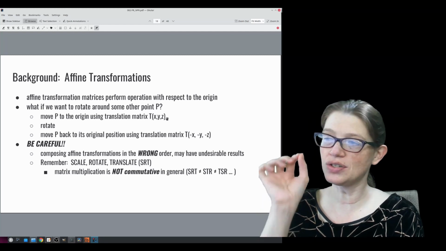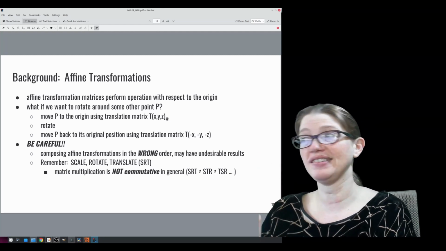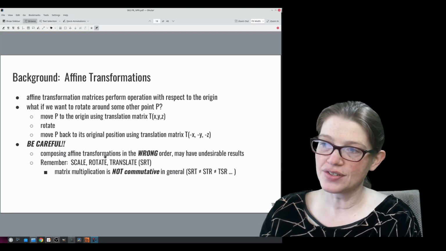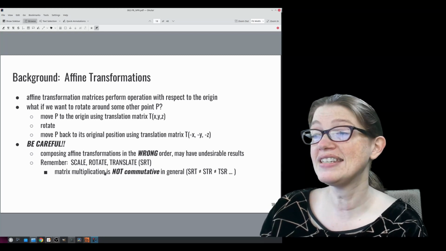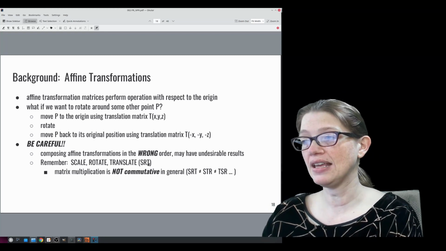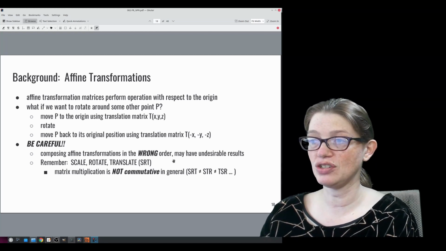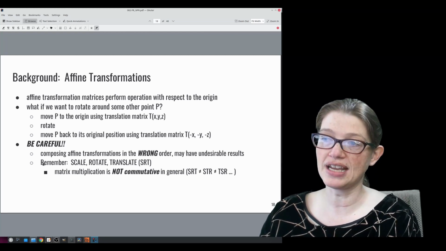So if we want to do translation, rotation, scale, that's not equal to rotation, translation, scale. So we represent these just by their first letter. So the order that you want to do this in is SRT. Scale, rotate, translate. That's the multiplications. It actually ends up on a computer doing the translate, then the rotate, then the scale.